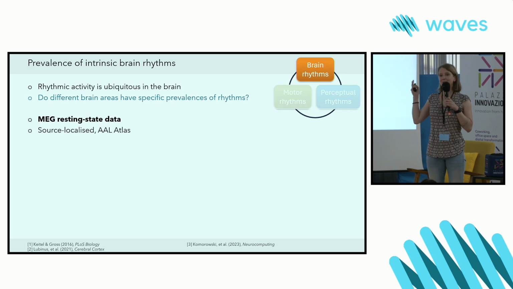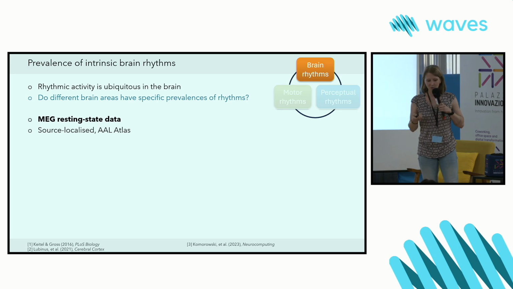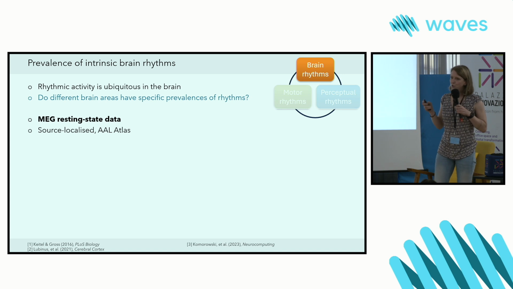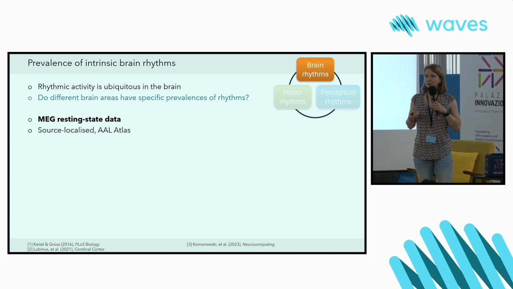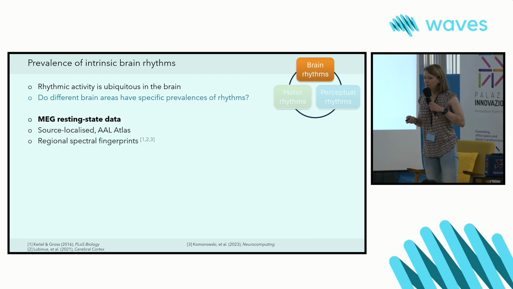But we had 7-minute eyes open resting state data of 22 participants. And these were source localized, and then we used an AAL atlas to parcellate the activity. And then we used different clustering algorithms to basically get to our regional spectral fingerprints.